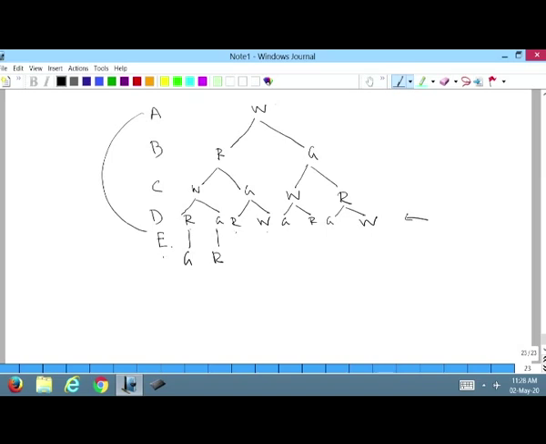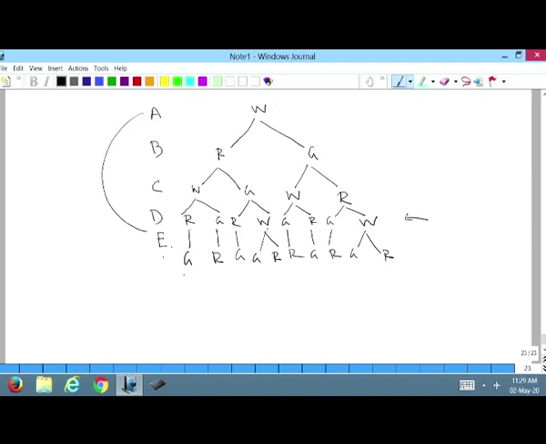If it is red, then again it can be only green, but if it is white, then it can get both green and red. Similarly, this is red, this is green, this is red and this is green or red.